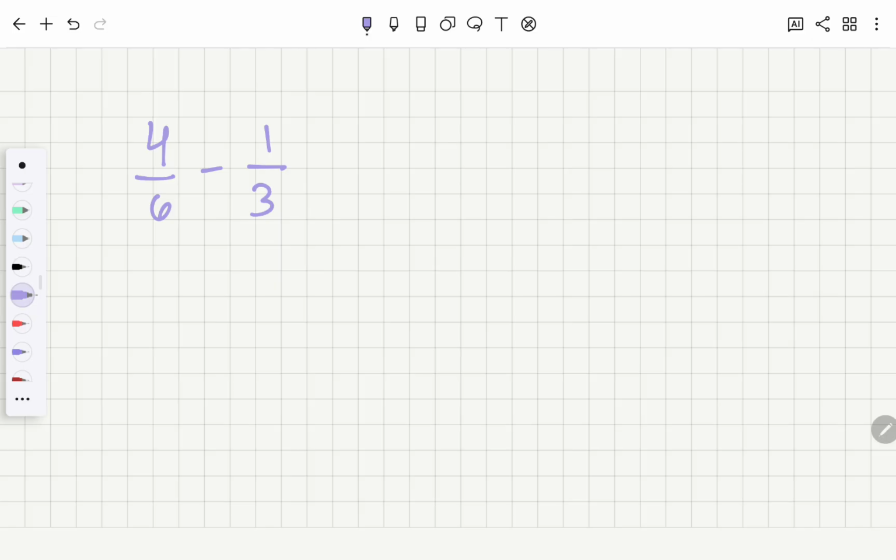Alright, let's do this last example. We have 4 over 6 minus 1 over 3. My first step is to find a common denominator, so I'm going to multiply my two denominators, which are 6 and 3. 6 times 3 is 18. Alright, so I know that my new denominator is 18, so let me set that up.